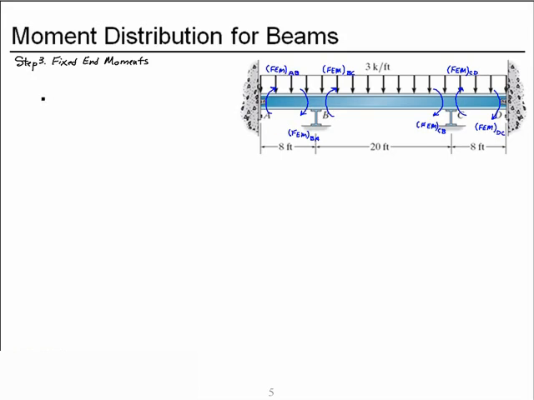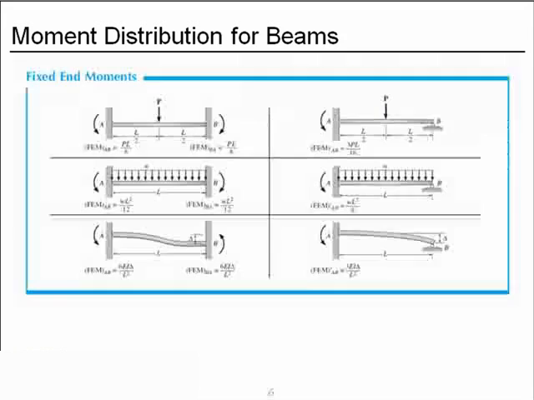To calculate these, we're going to use information provided on the inside back cover of our text. When you look, there's a large variety of situations shown, one of which is fixed on both ends and uniform distributed load on the beam. And that's the situation we have for each of the 3 beam segments.